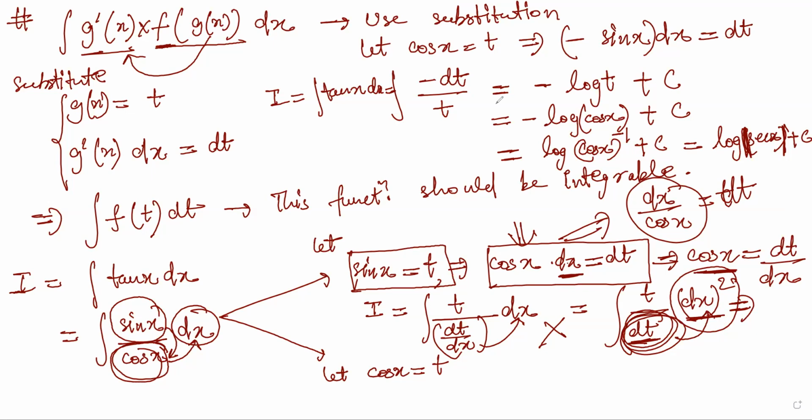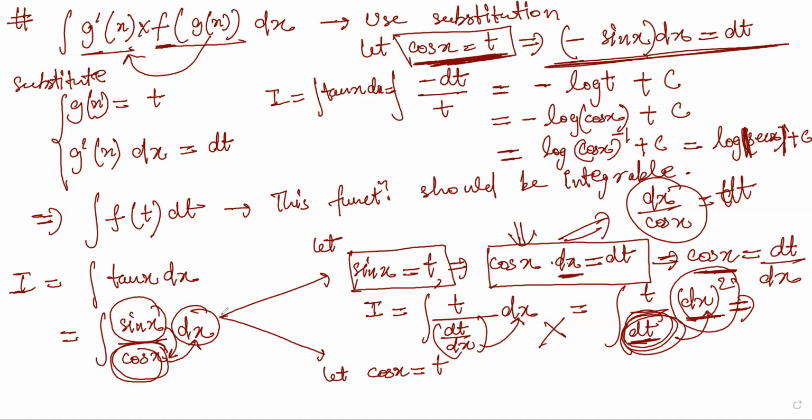So I tried the second approach. I took cos x as t. As soon as I took cos x as t, minus sine x dx is equal to dt. If I differentiate this function on both sides, this becomes minus sine x into dx as dt.